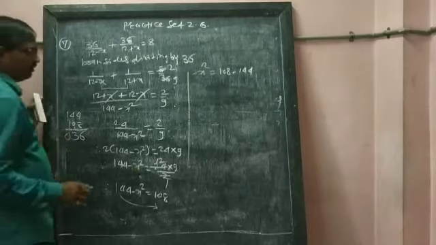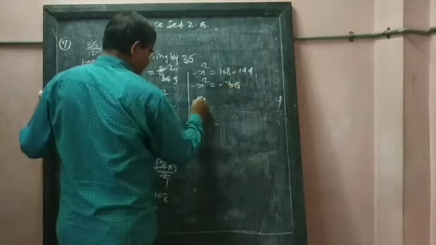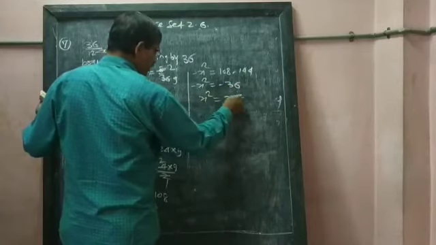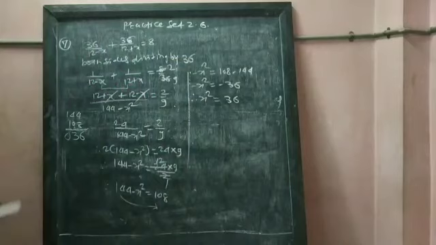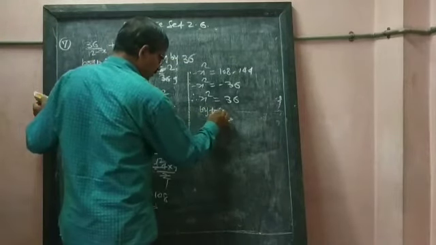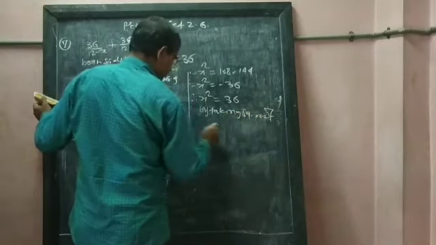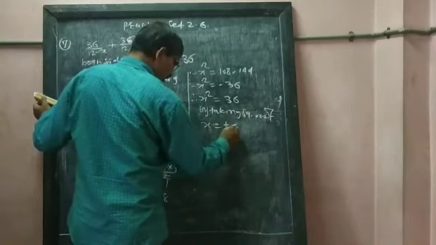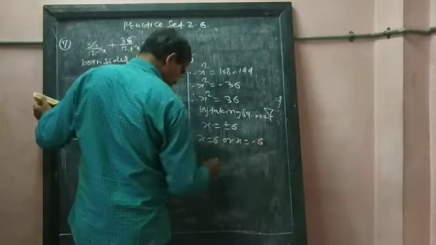So we get 36. Minus x square is equal to minus 36. Therefore x square is equal to 36, and by taking the square root, x is equal to plus minus 6. x is equal to 6 or x is equal to minus 6.